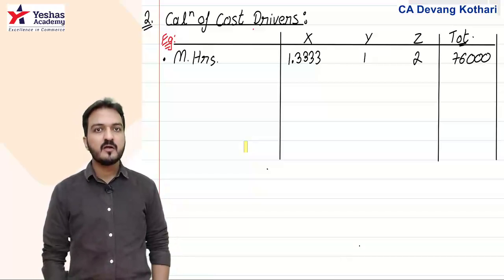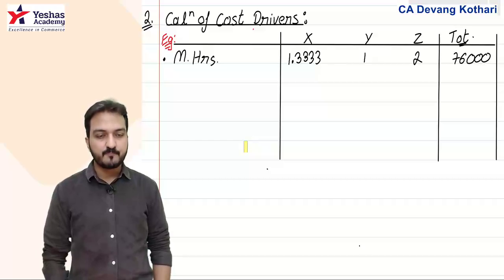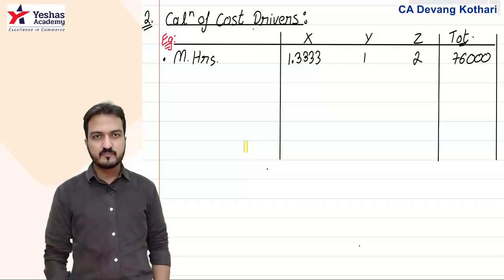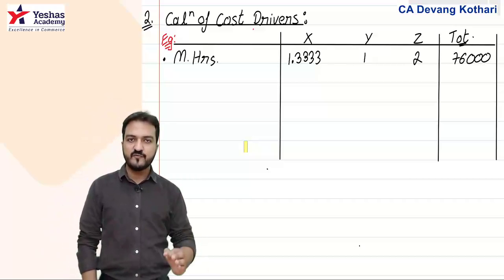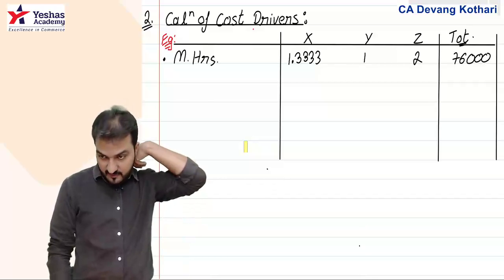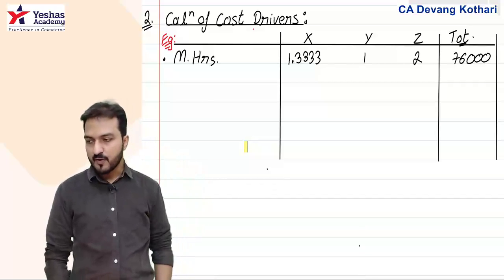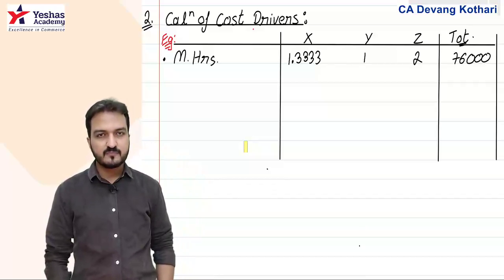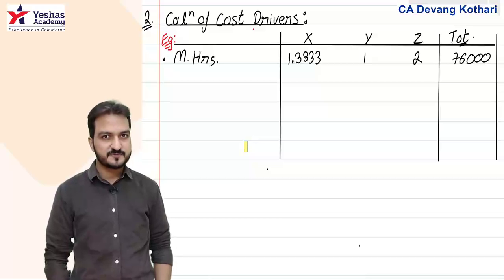While product wise cost driver is used for adding overheads to product cost.